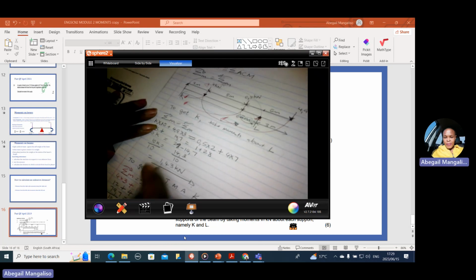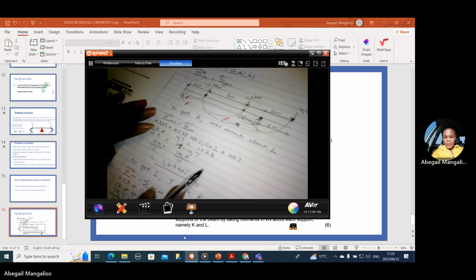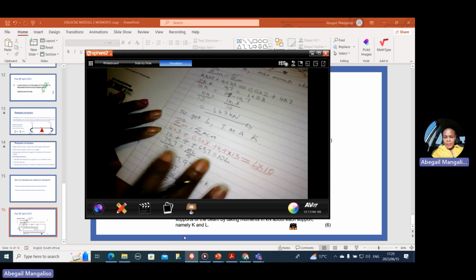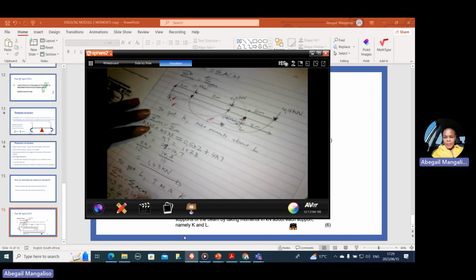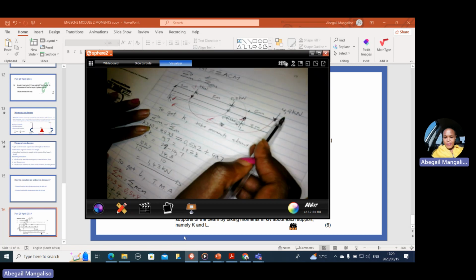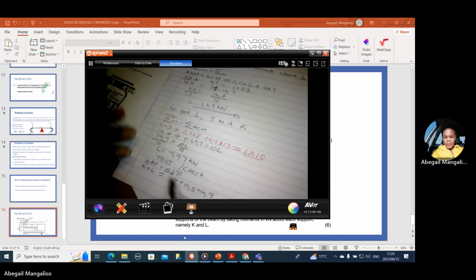What is upward here is K and L. The arrowheads are facing up. So K plus L is the sum, equal to what is downward: 4, 0,5 and 4,9. So it will be 4 plus 0,5 plus 4,9.